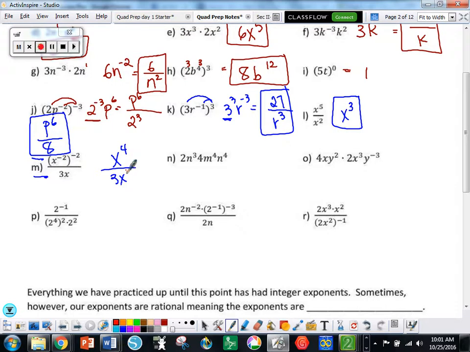Subtract the 4 and the 1, which means there's now 3 on top, because one of them would cancel. Is that okay? And then what's left on bottom? Okay, cool. Try part N.